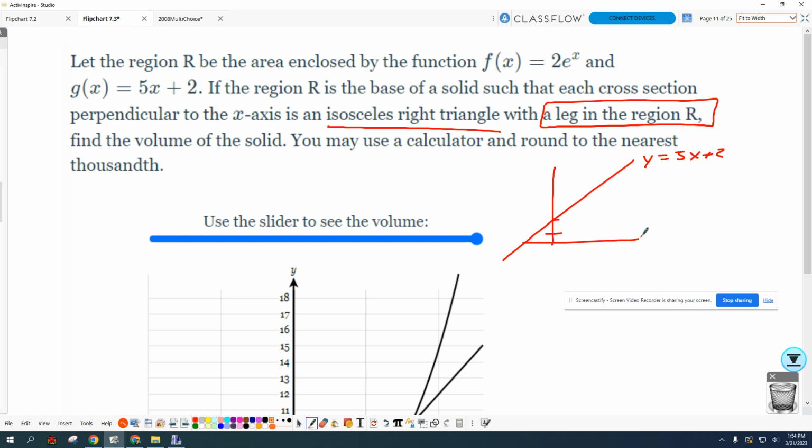So what's the intercept for this one? When x is 0, what is 2 e to the x? 2, because e to the 0 is 1, then times 2. So they're going to meet here. Okay, so at 2, e squared, let's say e is about 3, or if we want to go low, 2.